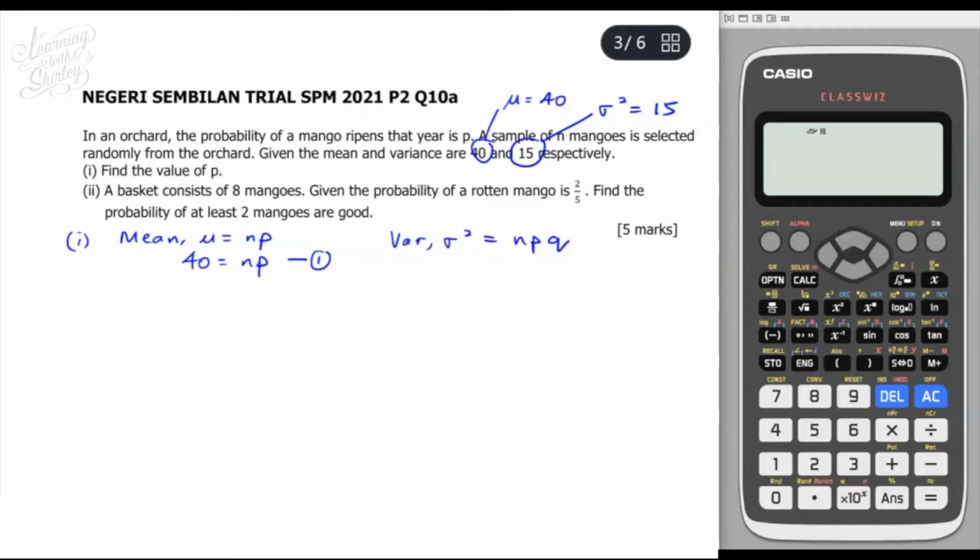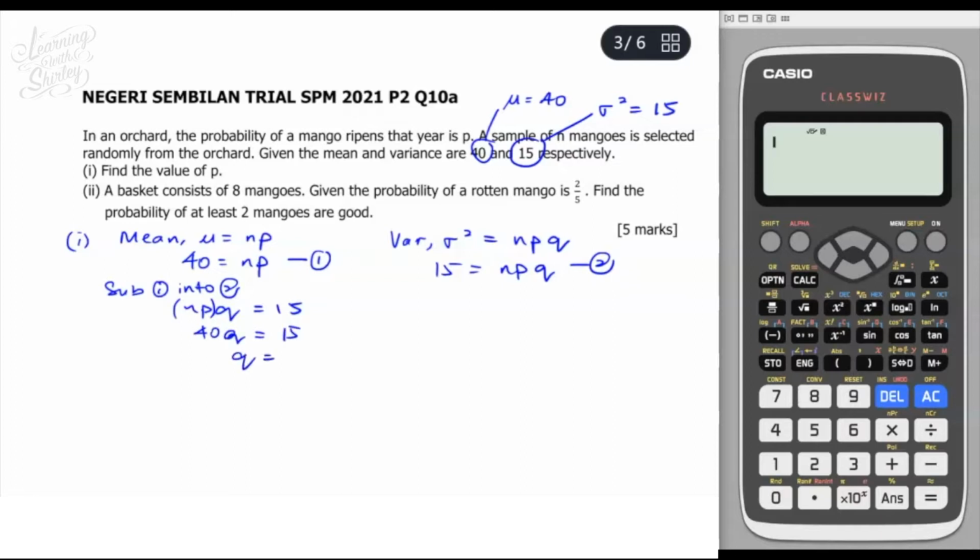So 15 is equal to npq. So this is equation 2. So I'm going to use equation 1, substitute into equation 2. So it becomes npq equals to 15. So np is equal to 40. So 40q is equal to 15.